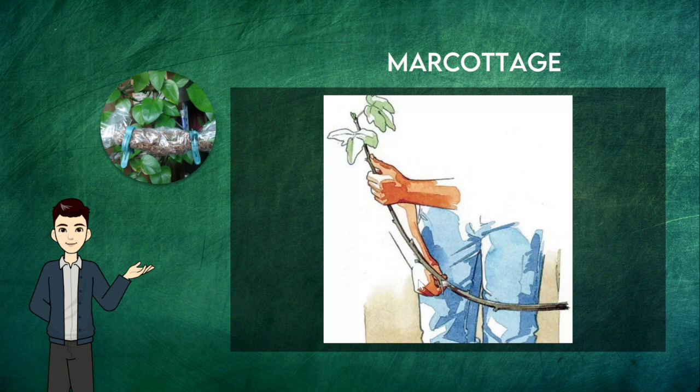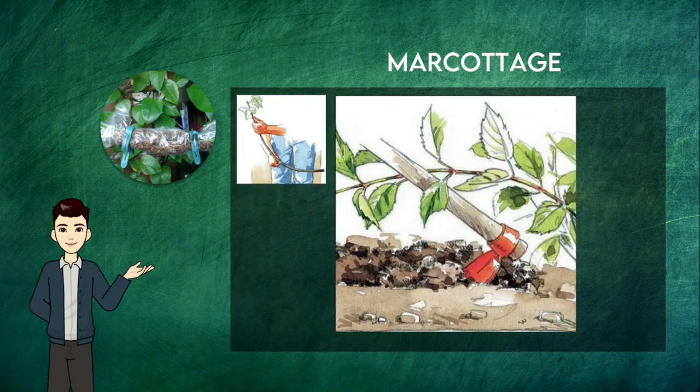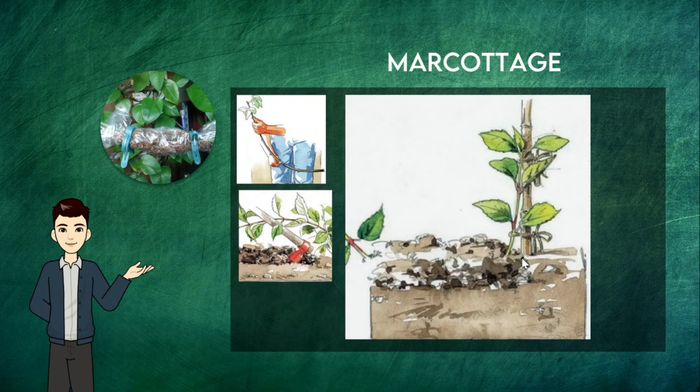The first one, by cutting around, by trimming the outer layer of a branch, and then we dig some holes in the ground and we put the trimmed branch into the soil so that it can grow into new plants.